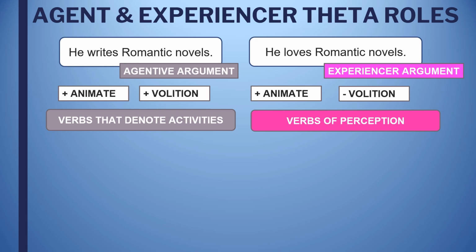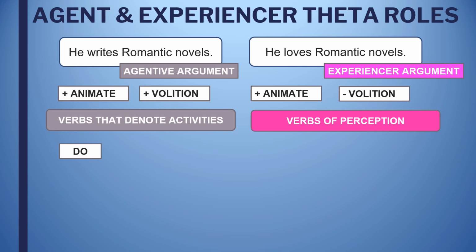This is so because even though there is animacy to have that particular feeling, emotion or perception, there is no will, no volition. So, while verbs that assign the agent theta role are action or activity verbs, verbs that assign the theta role of experiencer are verbs of emotional, psychological or physical perception.